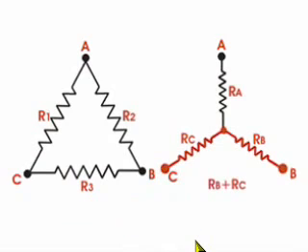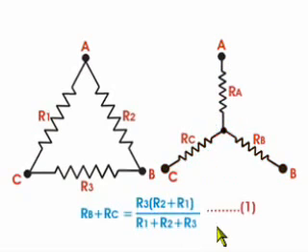Now think about the resistance value of the star across same points B and C. As you see from the diagram, there are two resistors Rb and Rc across the points B and C. Hence, the equivalent resistance between these points will be series combination of Rb and Rc, and this is equal to Rb plus Rc. Here Ra will not come into our calculation as it is just open circuited.